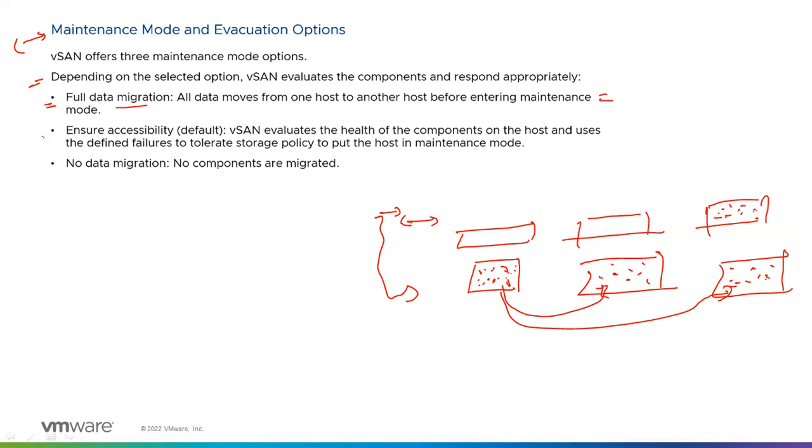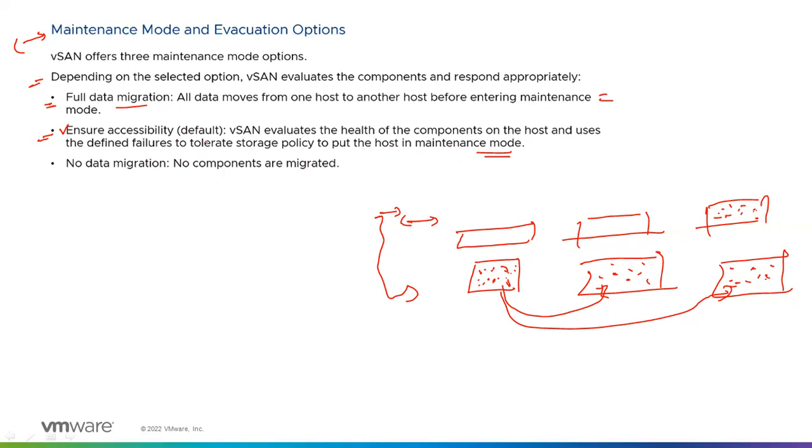The next option is ensure accessibility. That is the default. Whenever you put a host in maintenance mode, the default selection is ensure accessibility. What it means is vSAN evaluates the health of components on the host and uses the defined failure to tolerate storage policy to put the host into maintenance mode.